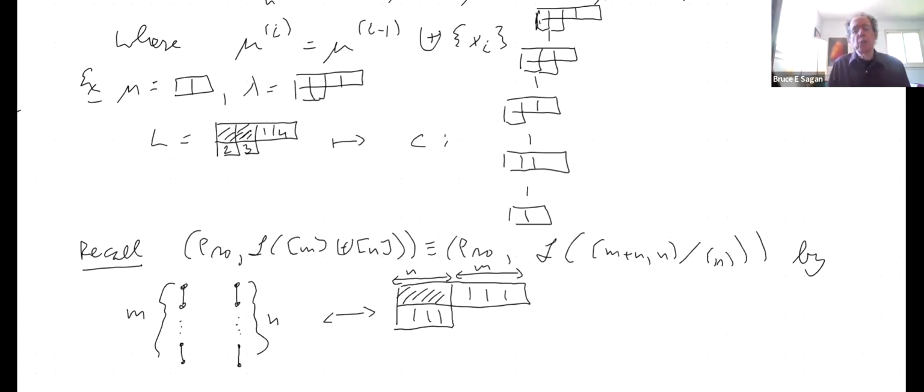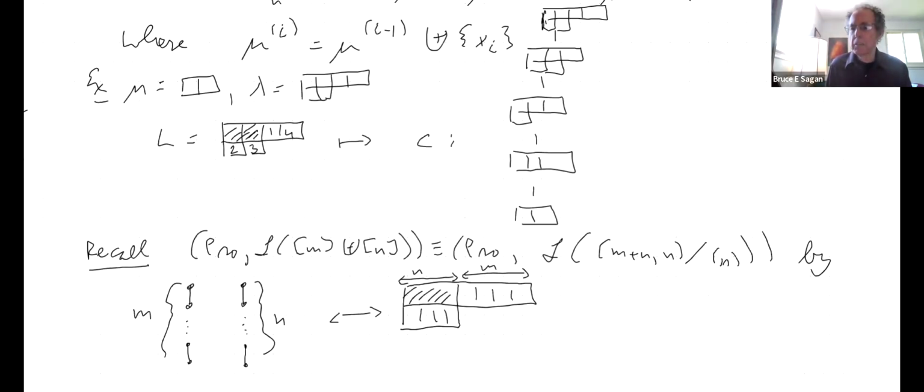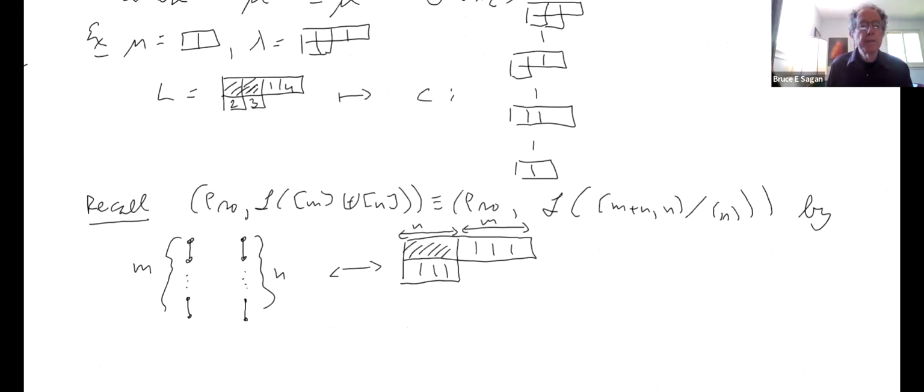So we now want to translate everything into this chain way of thinking about things. We're going to do that as follows.